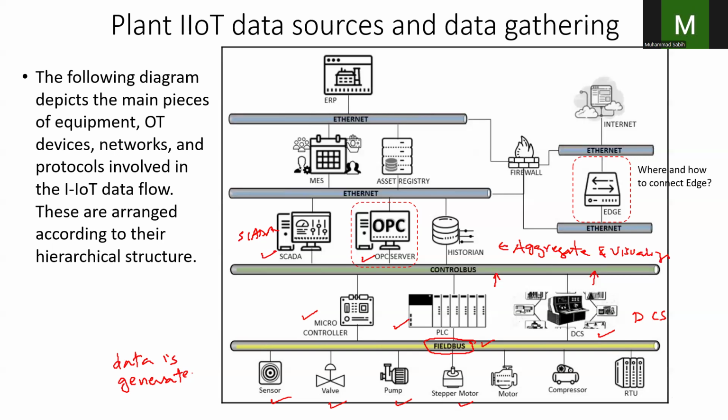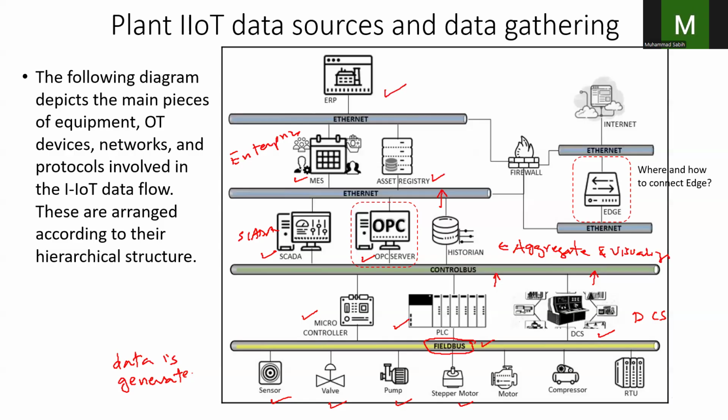Then the data is further transferred via Ethernet to the enterprise layer, with enterprise systems like MES, asset registry, and ERP platforms.